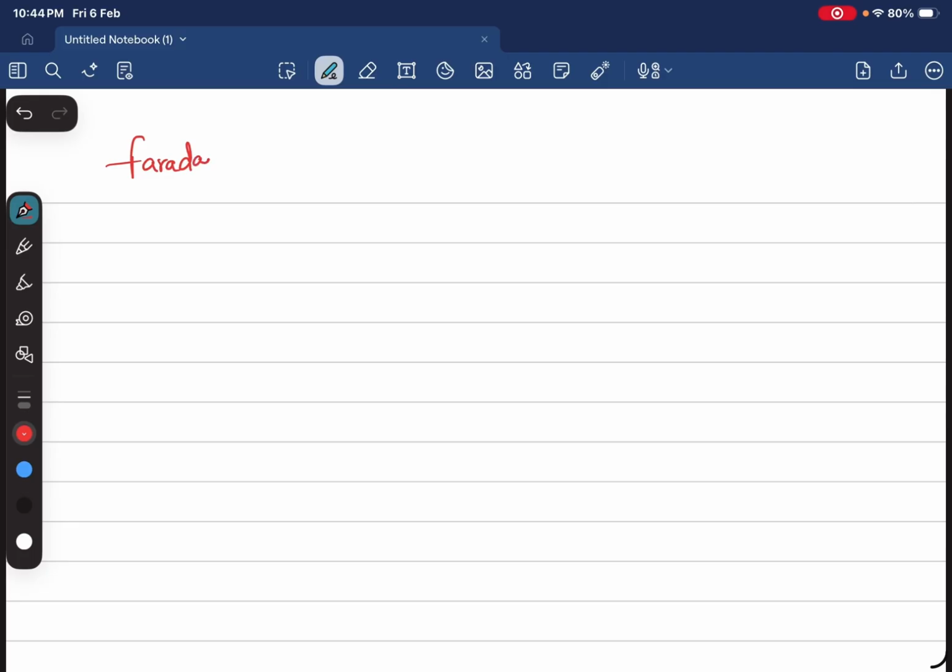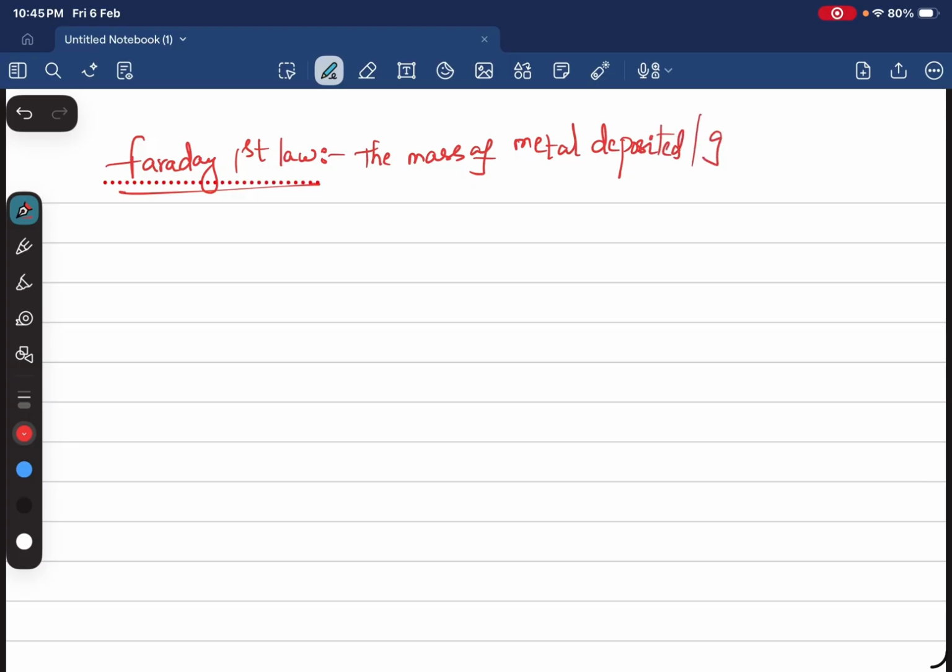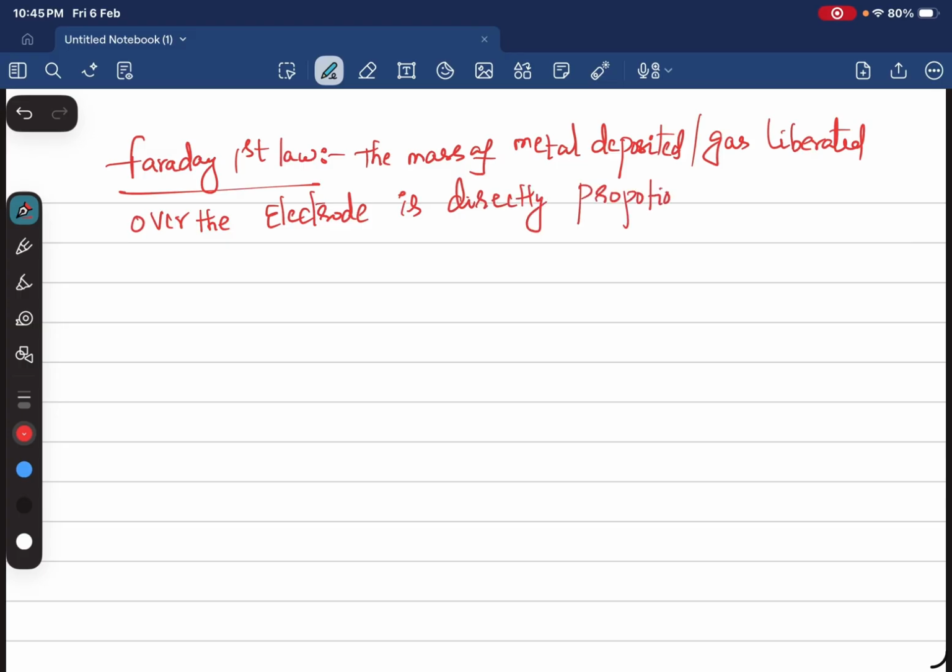First law: the mass of metal deposited or gas liberated over the electrode is directly proportional to the charge passed through the electrolytic solution.